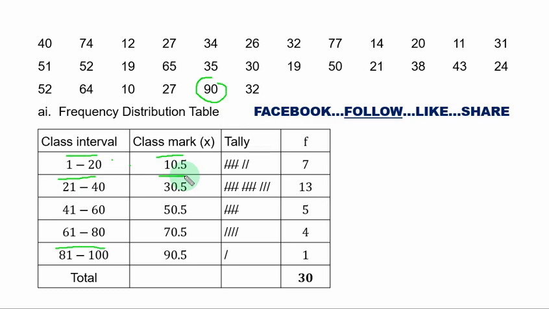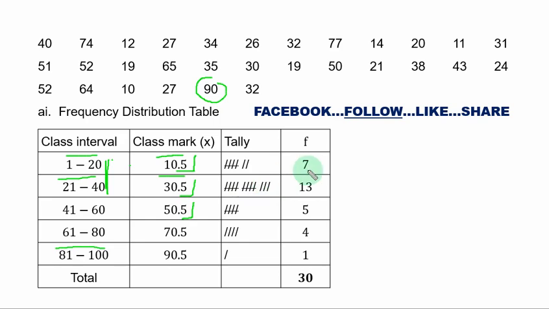To save yourself some stress, just get the class size. The class size is 20. After obtaining the first class mark, you keep on adding 20. If you add 20 to 10.5, you have 30.5. If you add 20 to 30.5, you have 50.5, and so on.